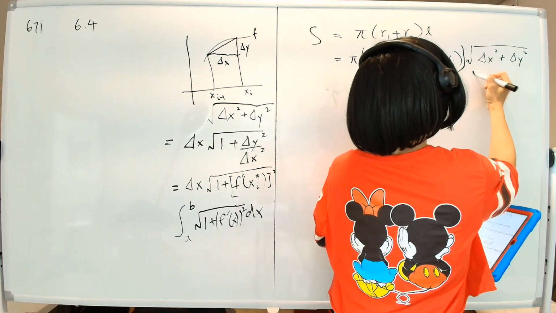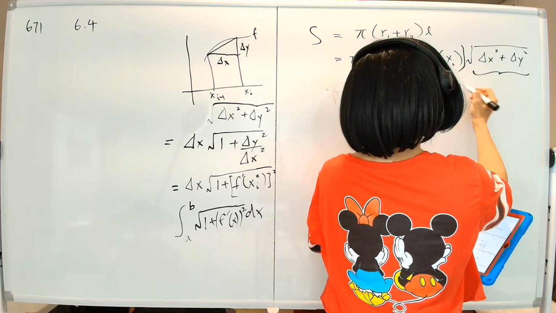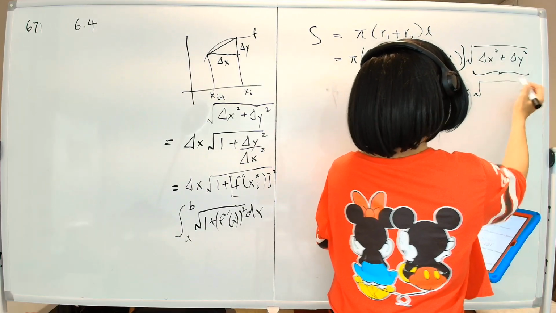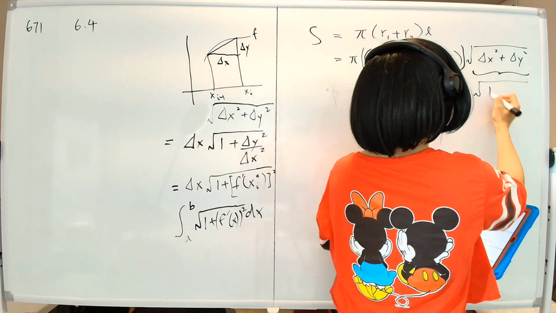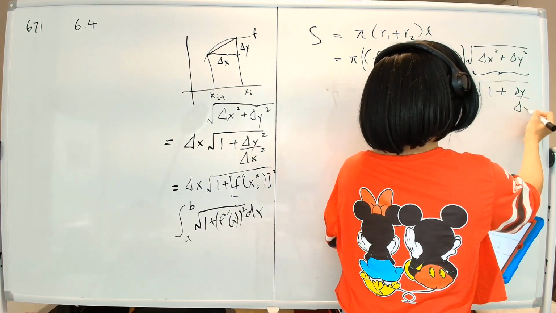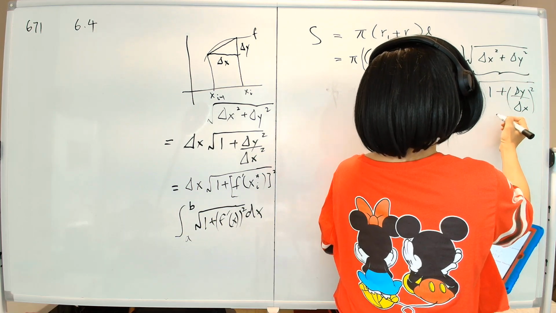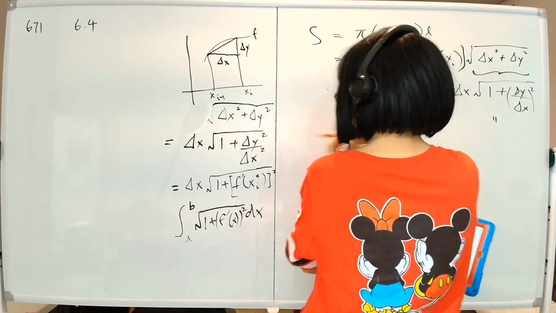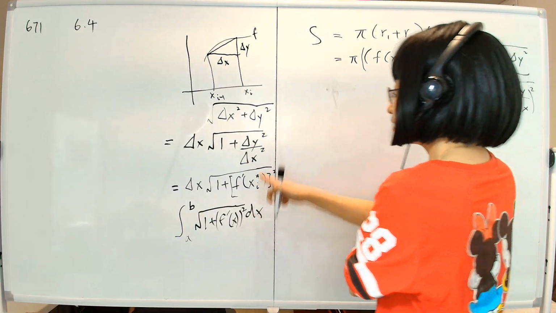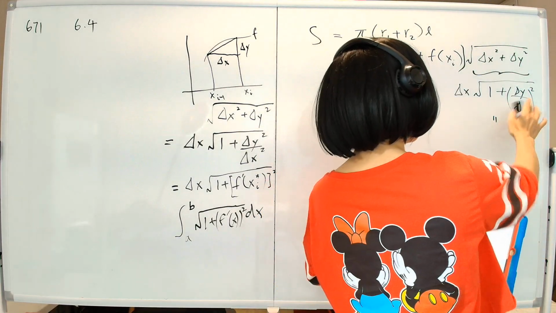So this part we'll write like this, equals delta x, you factor the delta x out, so you get 1 plus delta y over delta x squared, which equals some kind of a derivative. This is just the derivative at the point.